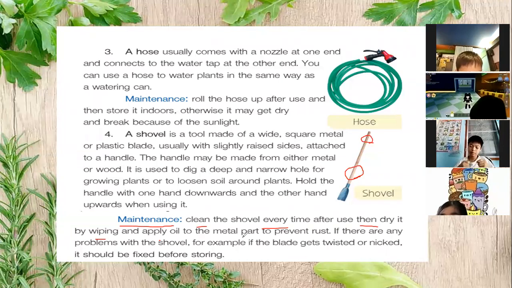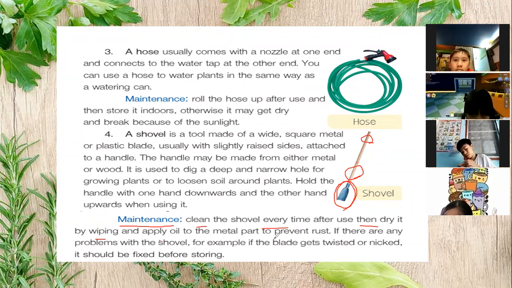After it's dry, you can apply a bit of oil on it. On which part? On the metal part, not on the wood, just on the lower part. So you clean it, make it dry, and then apply a little oil. What will happen? It will prevent rust. It won't get rusty, so it won't get damaged.